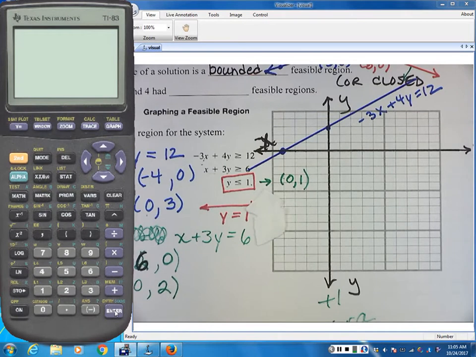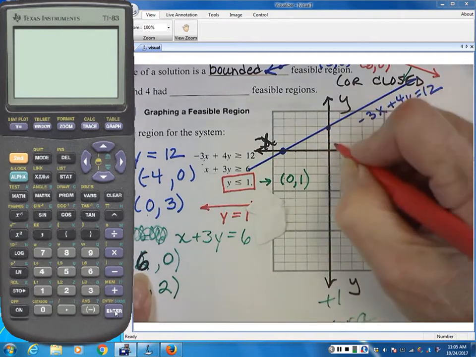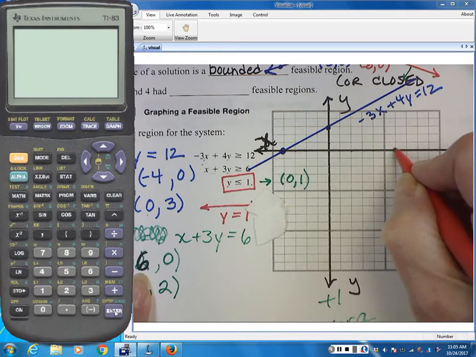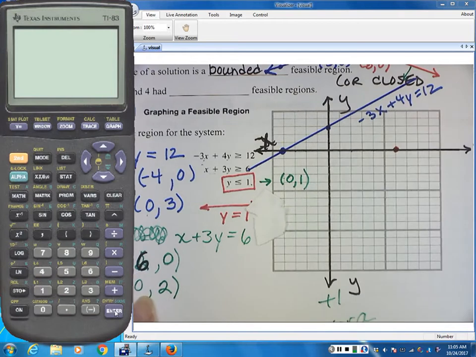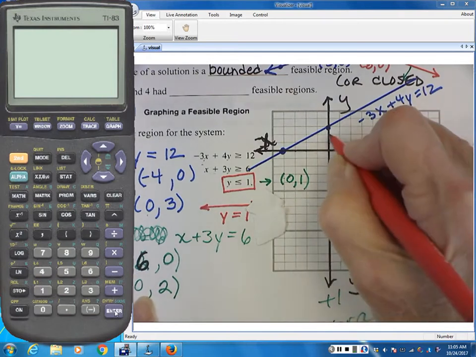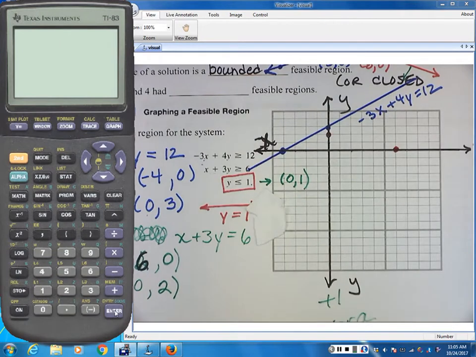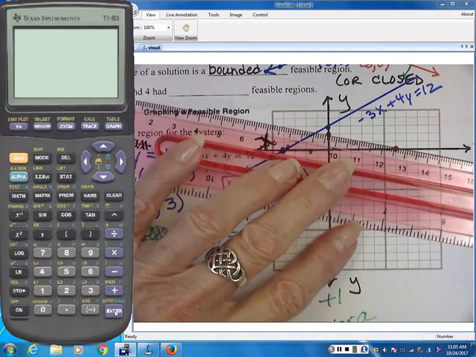And then I need to plot 6, 0: 1, 2, 3, 4, 5, 6, and 0, 2. So there's 0, 2. And then I'll draw that line, and it's also solid because it says equal to or greater than.